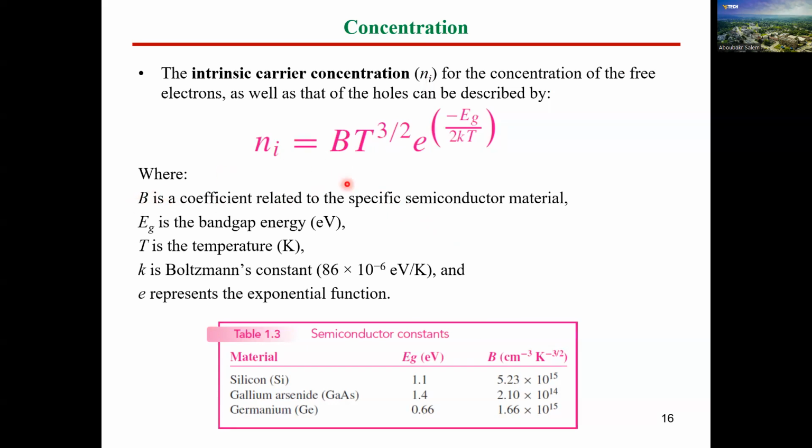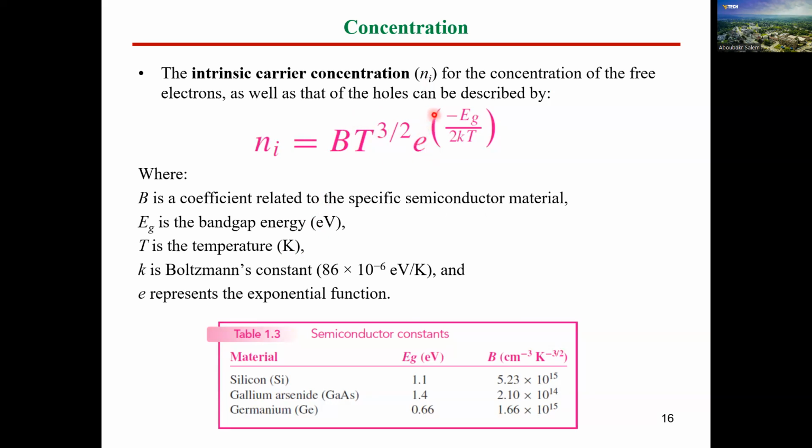So this is the first constant here, B, multiplied times T to power 3 over 2, where T is the temperature in Kelvin, and the room temperature is 300 Kelvin.